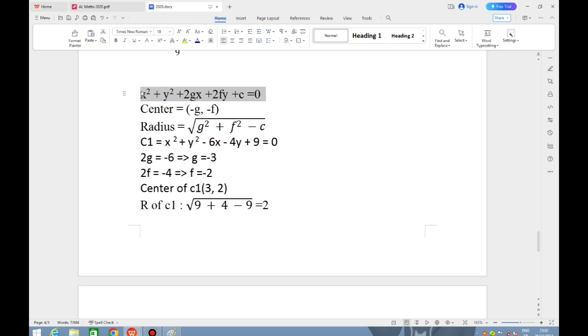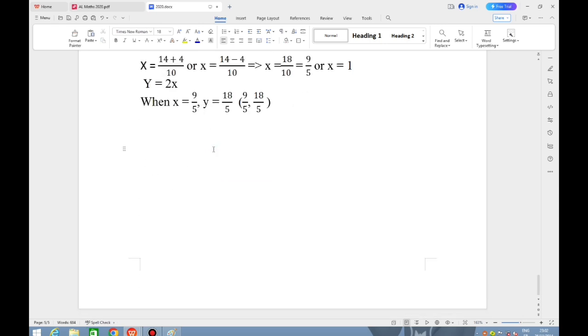Now this is the general equation of a circle, and substituting 3, 2 into this equation, you get 3 squared plus 2 squared plus 2g times 3 plus 2f times 2 plus c is equal to 0. So doing our computation, 3 squared is 9, 2 squared is 4, so 9 plus 4 is 13, plus 6g plus 4f plus c is equal to 0.